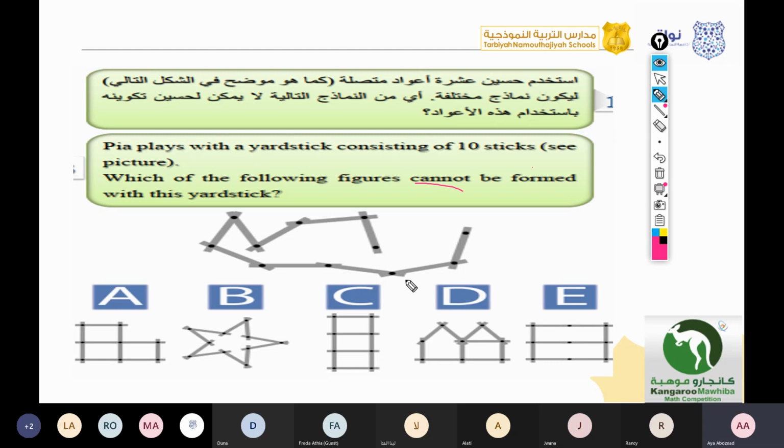I'm waiting. No one answered? No, teacher, we answered. You can see it on chat. Oh, sorry, it all came at the same time, maybe because of the internet. So Lena, you said D again, or is this a mistake?